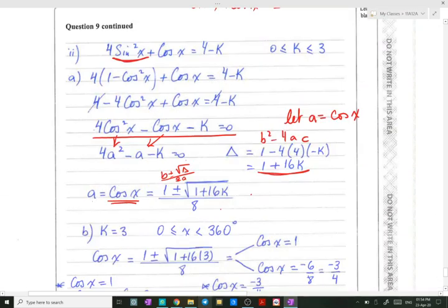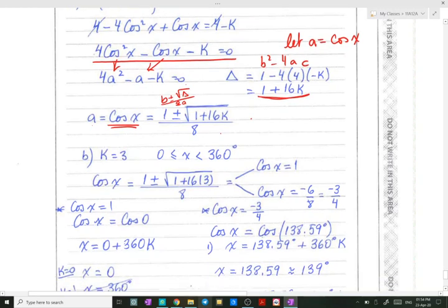So if k is 3, you replace k by 3 and you find the answer for the cosine, and we get two answers for the cosine. One is cosine x is 1, and the other is that cosine x is equal to minus 6 over 8. In its simplest form, it's minus 3 over 4.